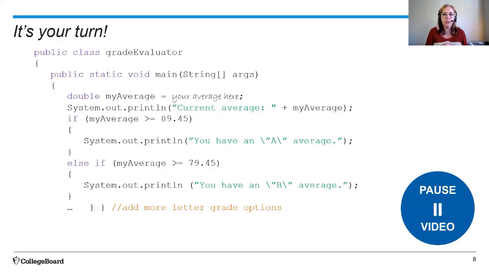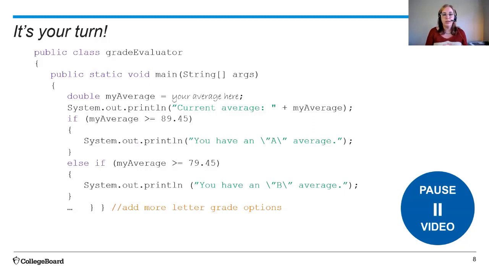I've included here the use of escape sequences just to remind you of something that we learned about in Unit 2. Keep that fresh on your mind. And of course, each of your conditional statements, I have set up for a typical 89.45, which in my world rounds to an A. If your school has a compressed scale, bless you, but make it represent what your school would have.